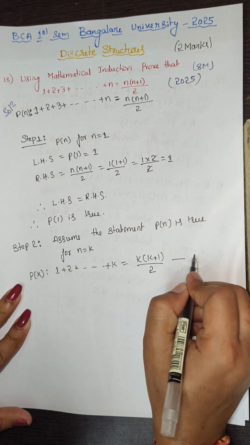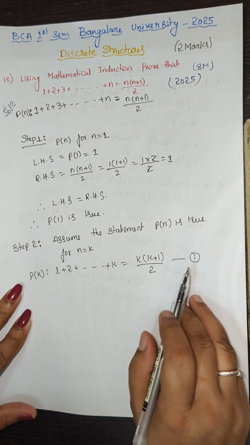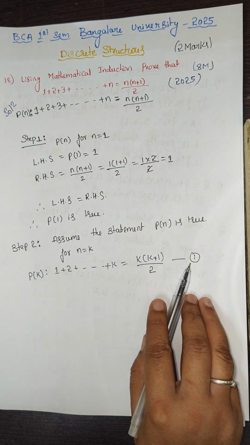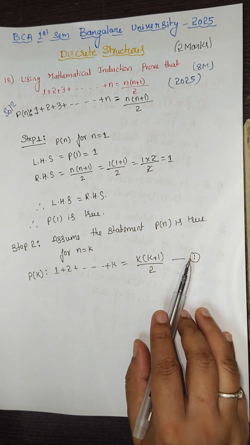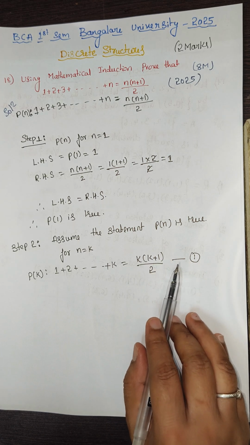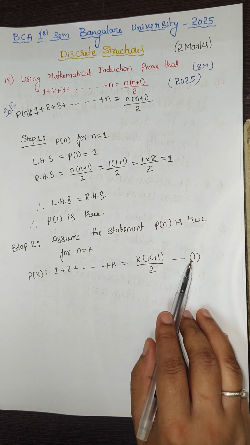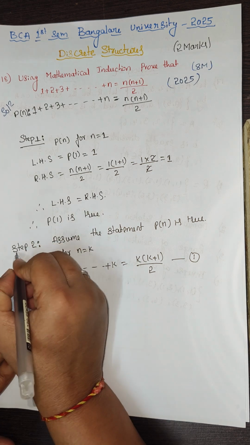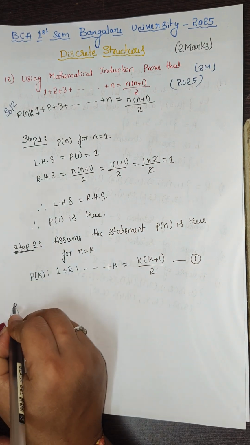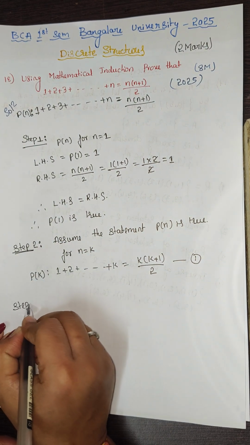We will give this equation number 1. Why do we need to give it equation number 1? Because in step 3 we are using this equation 1. That's the reason we required this one. Next, step 3. What is step 3?